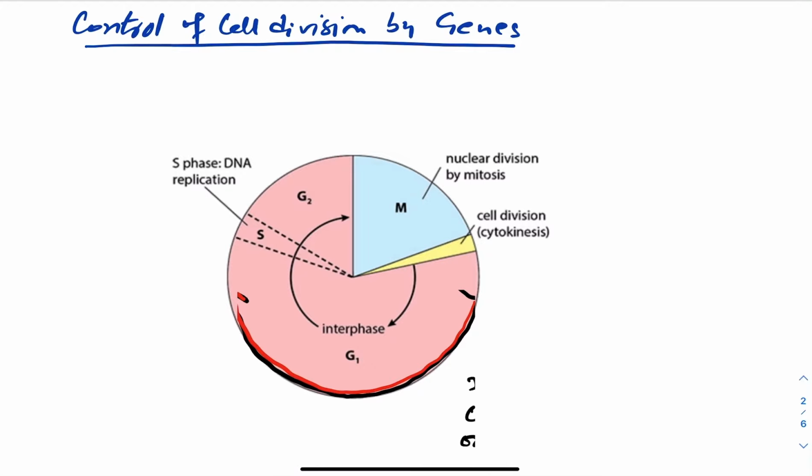If this is, for instance, an animal cell, this is a normal cell. It has chromosomes present in its nucleus.